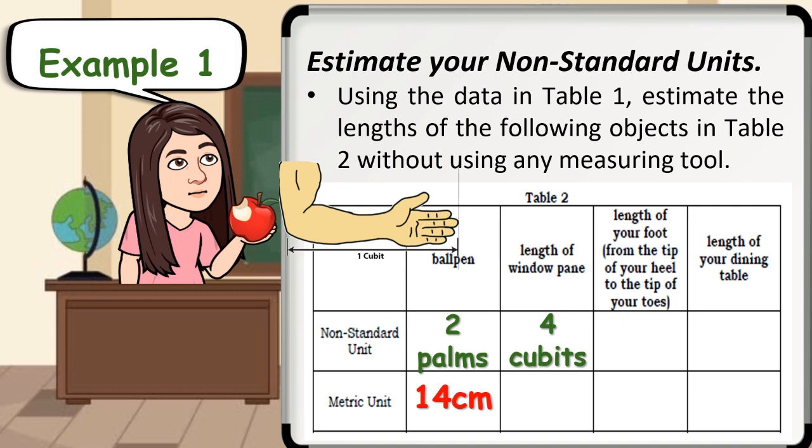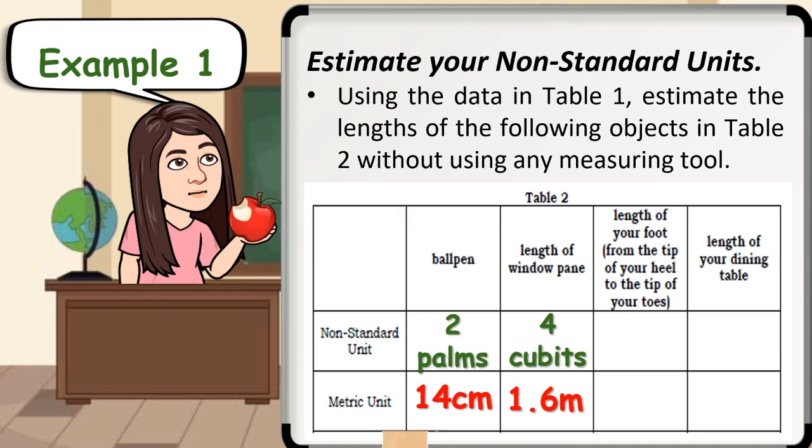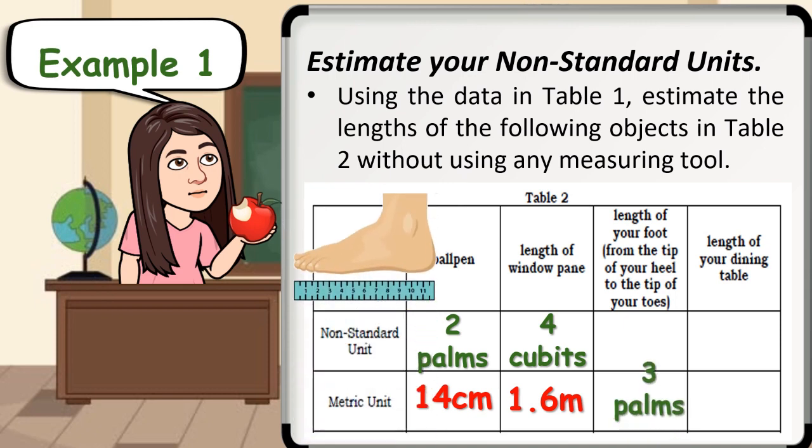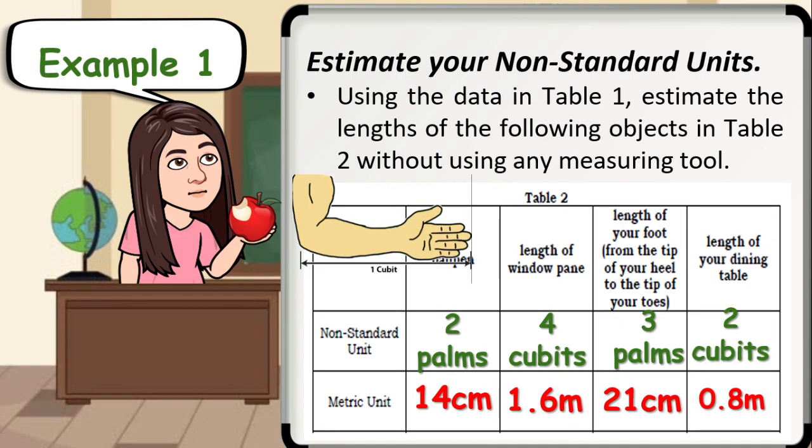It measures 1.6 meters in metric units. To measure the length of my foot, I used 3 palms. It measures 21 centimeters. To measure the length of my dining table, I used 2 forearms or cubits. It measures 0.8 meter in metric units.